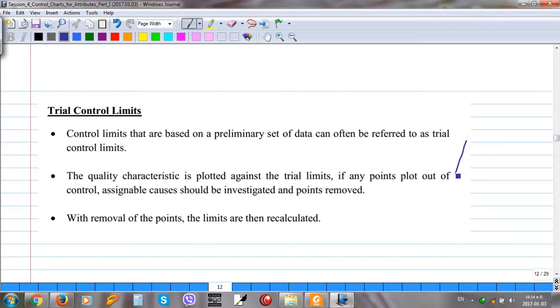So we calculate the trial control limits, upper control limit, center line, and lower control limit, according to these equations.